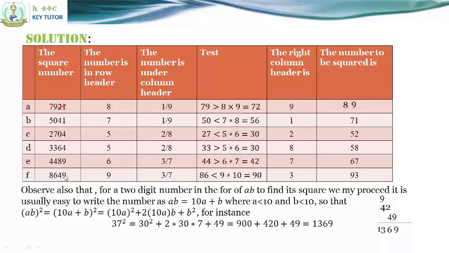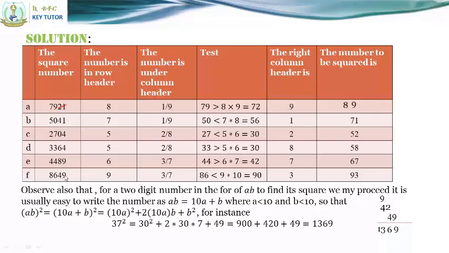Now let us take the last one. The number ends in 49; delete 49, take 86. 86 is between 81 and 100. The number exists in the row of 9, and as it exists in the row of 9, you take 9 first here. The tens digit becomes 9. Now it remains to determine the units digit. Is it 3 or 7?